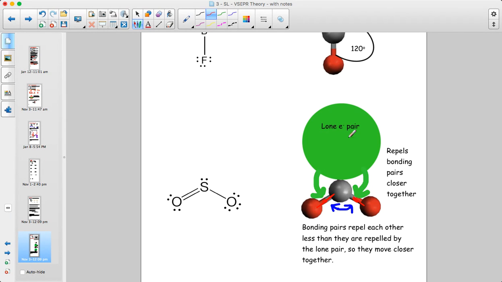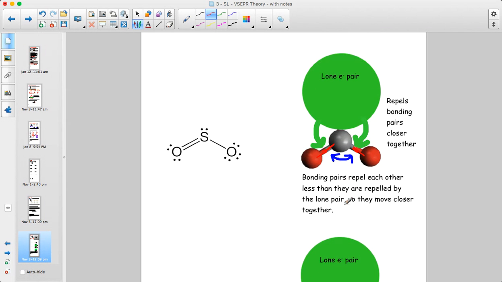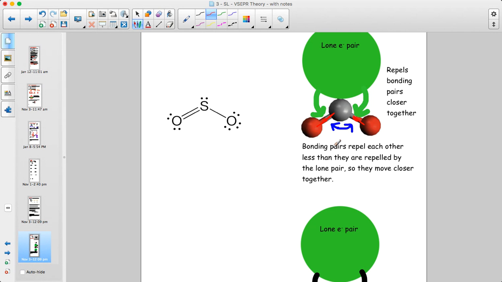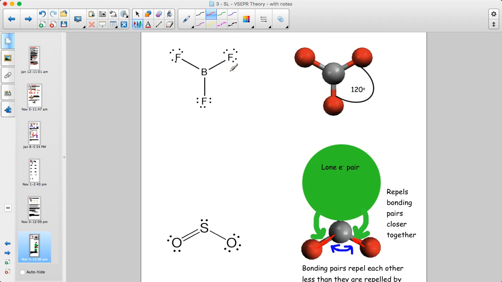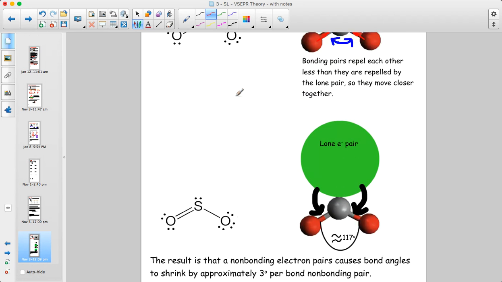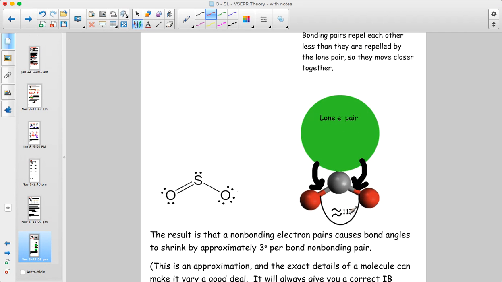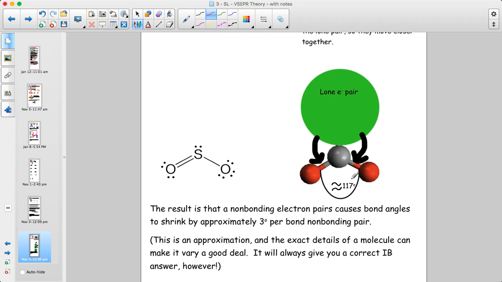So this lone pair pushes them down more than they push back on one another. The result is that they get pushed a little bit closer together than the symmetric 120 degrees that we saw in the BF3 example. And so the resulting bond angle, we would say, is about 117 degrees.